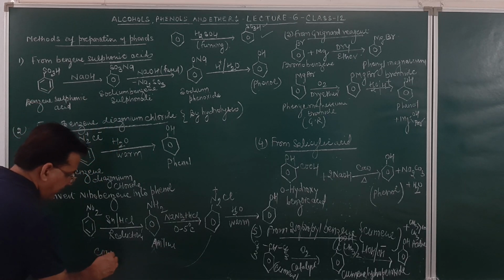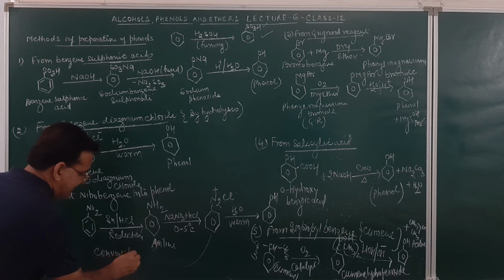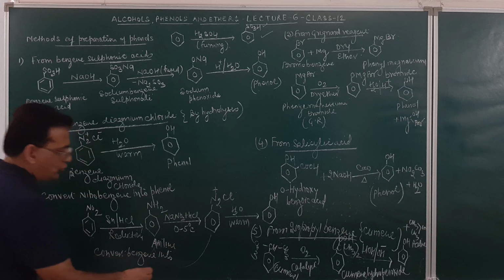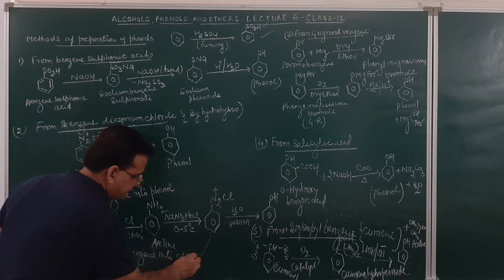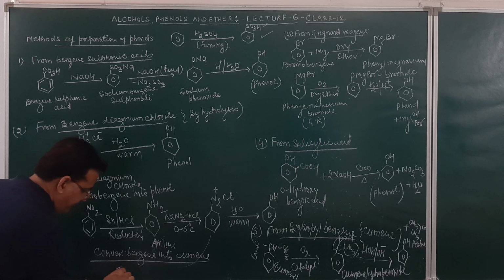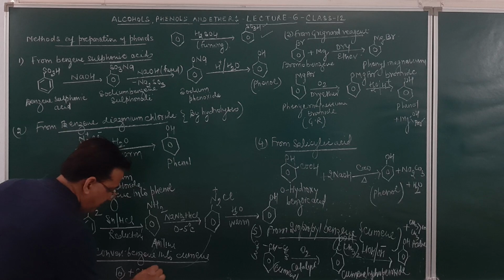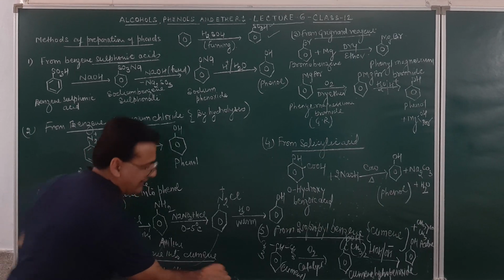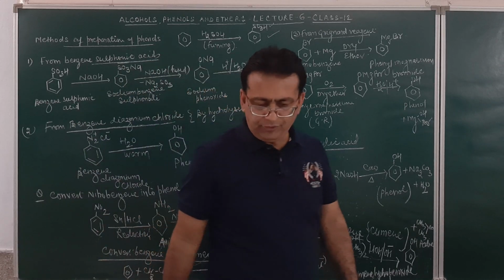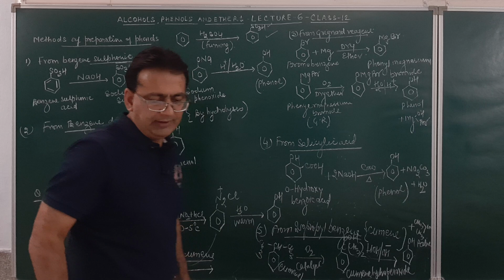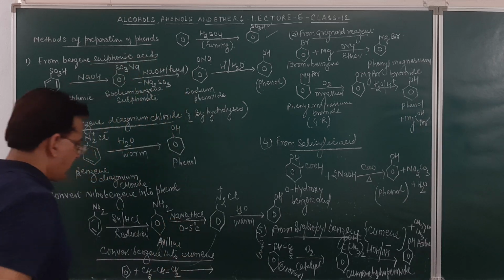Convert benzene into cumene. Remember, benzene, when made to react with propene, the reaction occurs in the presence of phosphoric acid or aluminium chloride, and it will result in the formation of cumene molecule.